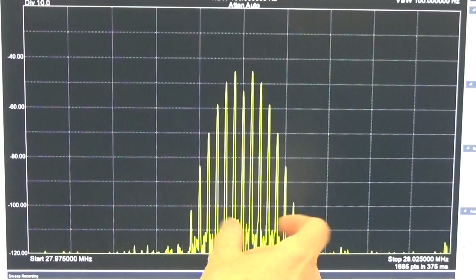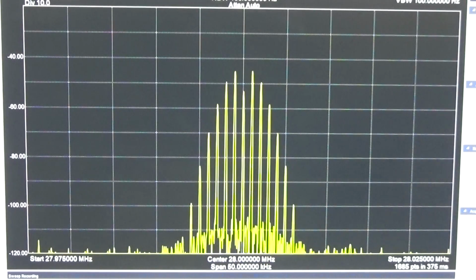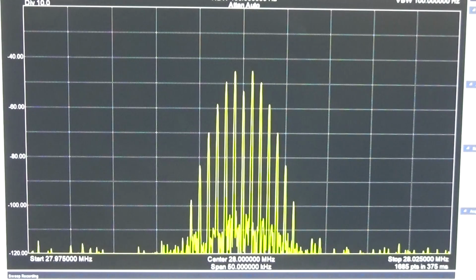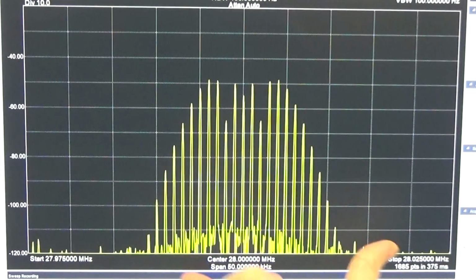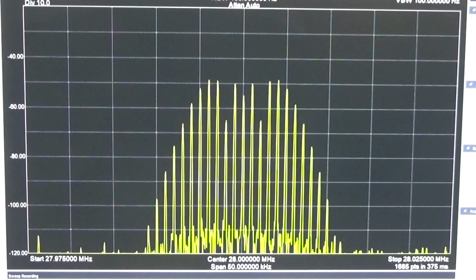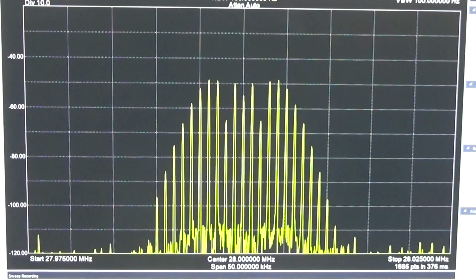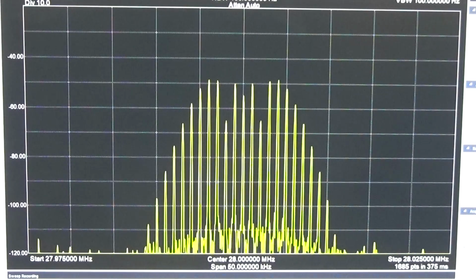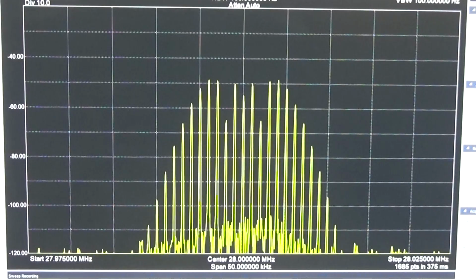You see that our signal is narrowing up, and now again I go up to a higher deviation, and you see now it is wider. So that means you need a wider channel, otherwise you would splatter in the next channel. So the higher we put our deviation, the more bandwidth we need.